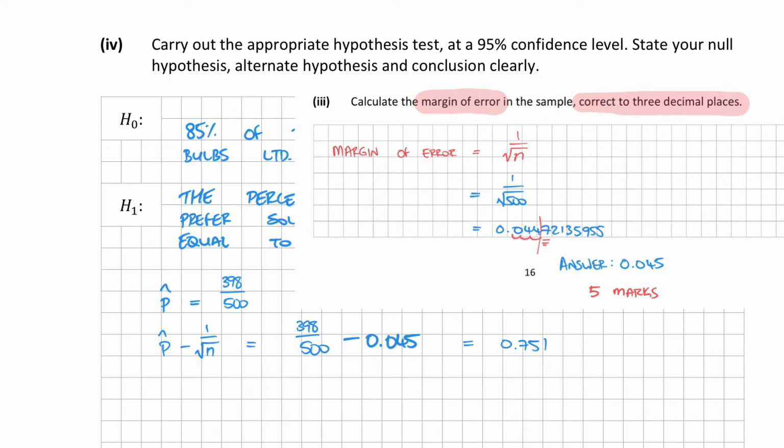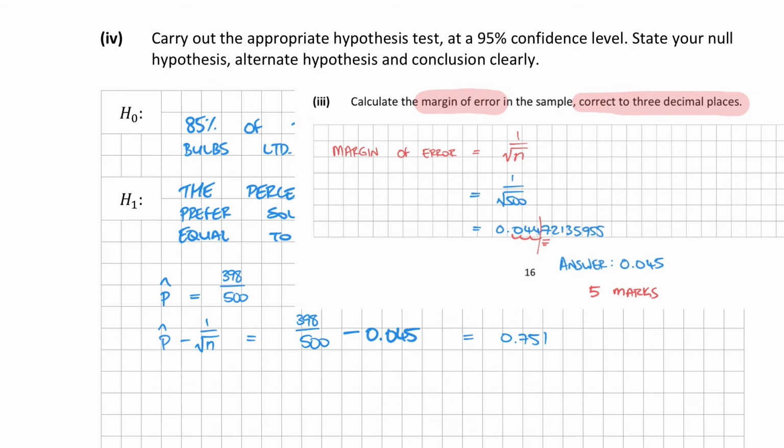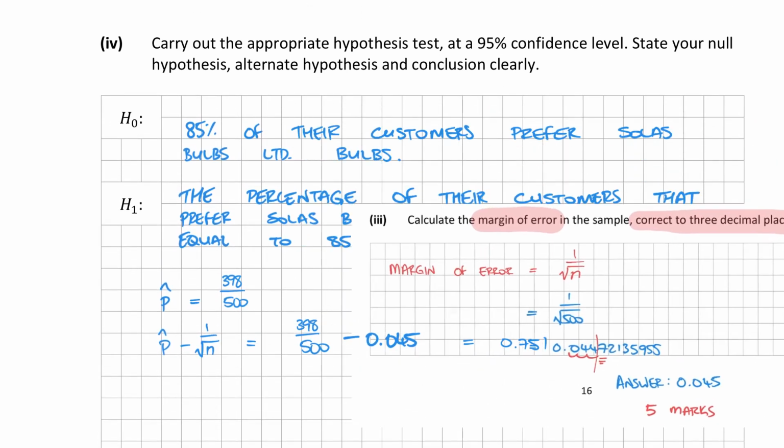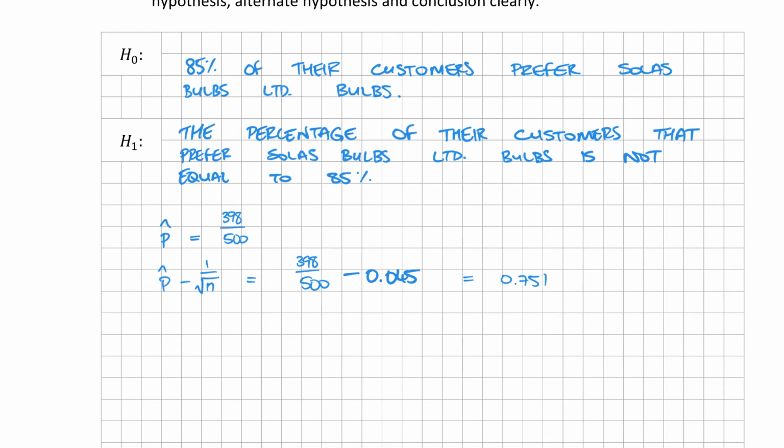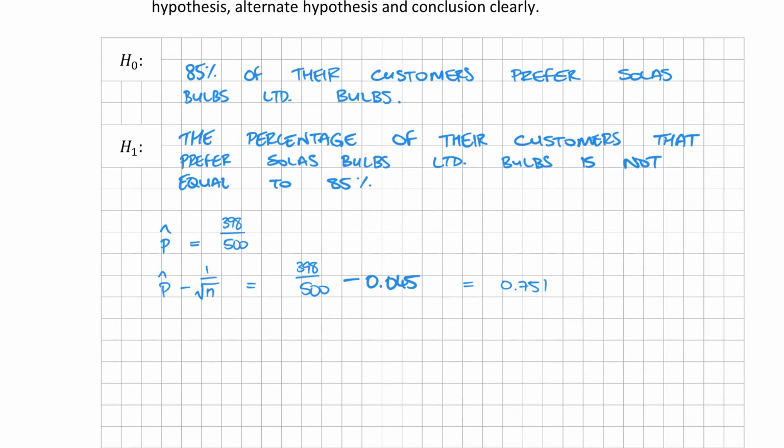What we need to find next is the upper limit. So the upper limit there is going to be the exact same thing, except instead of subtracting, I'm going to add, right? So p hat plus 1 over the square root of n. Okay, so that's going to be the exact same 398 over 500.